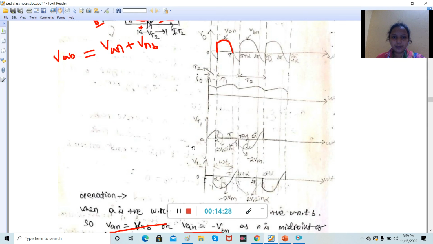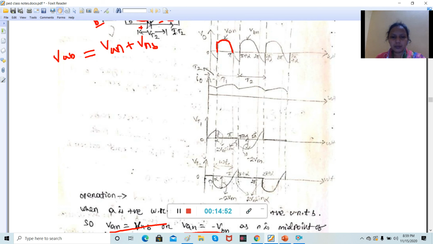And this is the Vt1 and Vt2 voltage waveform. When T1 is conducting, the voltage across thyristor T1 is 0, from alpha to pi plus alpha, and the rest of the part is the blocking voltage, from 0 to alpha and from pi plus alpha to 2 pi.